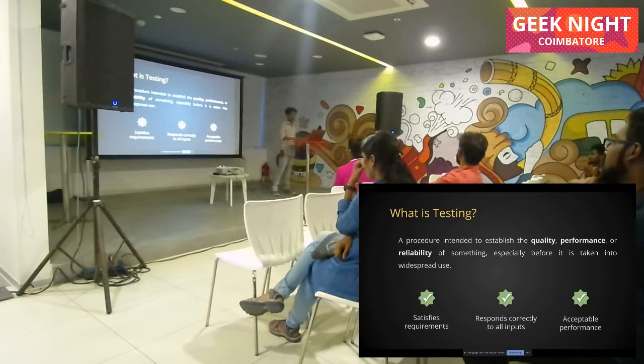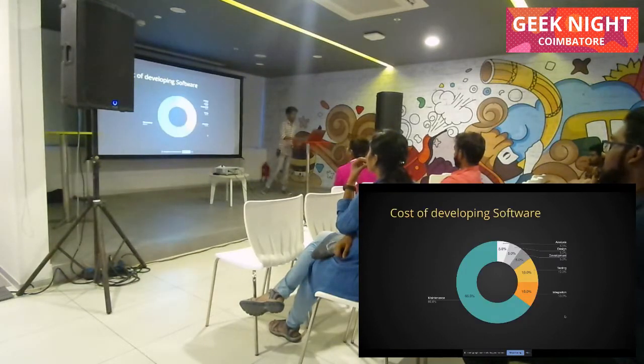So in software also we will have all the testing before it is moving into production, right? So if you see the software development cycle, there are multiple stages, right? So right from the analysis, design and development, then testing and integration.